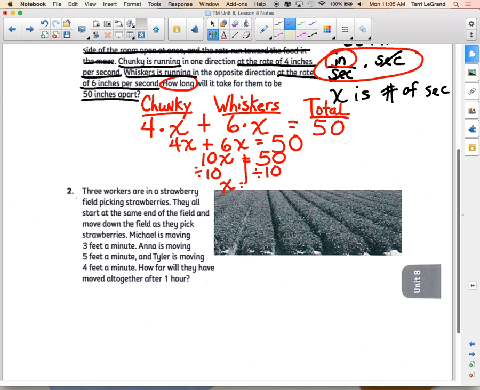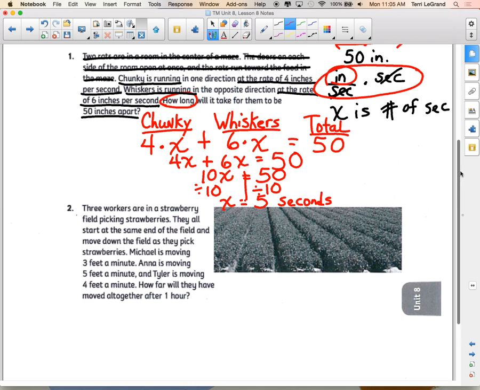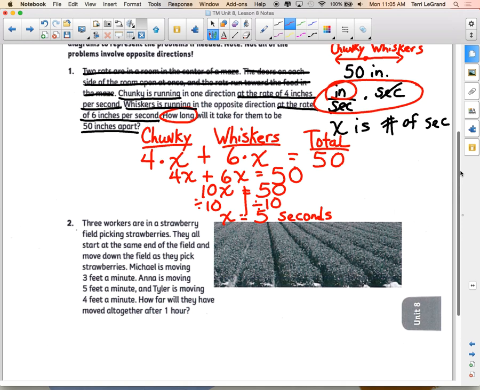And what does our x equal? 50 divided by 10 is 5. Okay, and that's 5 what? Seconds. We were looking for the number of seconds. Okay, so now let's go over here in some white space and write our sentence.